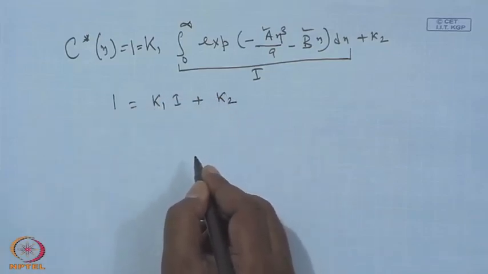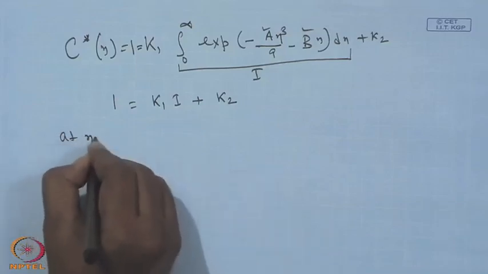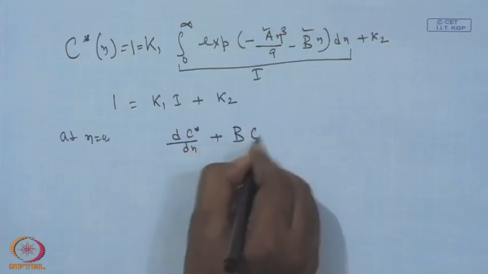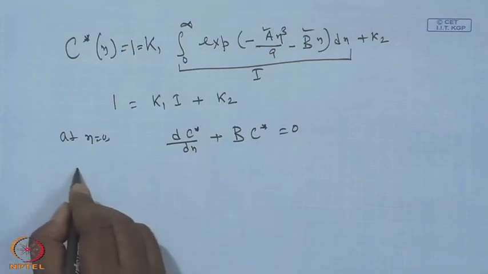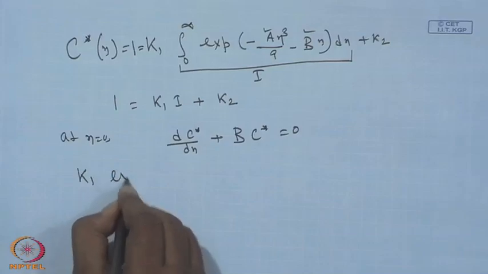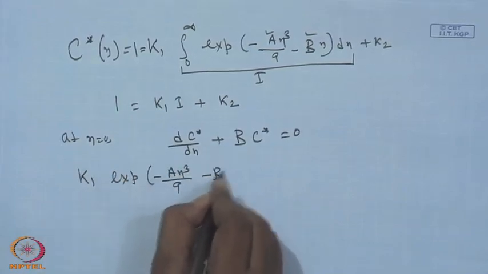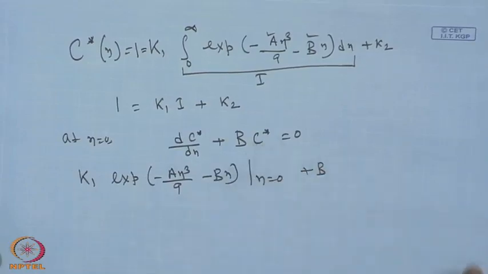Now, if you put in the other boundary condition, at eta equal to 0, d c star d eta plus b c star is equal to 0. So, what is d c star d eta? D c star d eta is nothing but k 1 exponential minus a eta cubed by 9 minus b eta, evaluated at eta equal to 0, plus b c star evaluated at eta equal to 0.